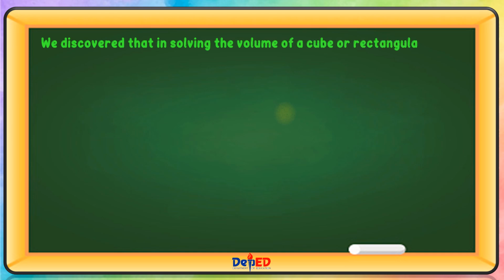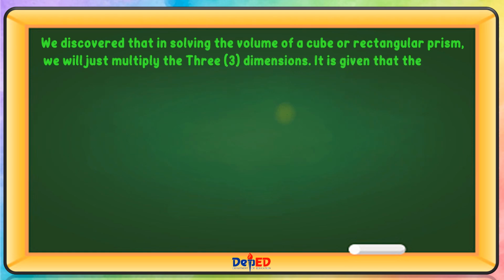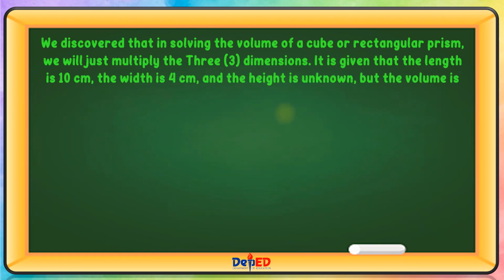We discovered that in solving the volume of a cube or rectangular prism, we will just multiply the three dimensions. It is given that the length is 10 cm, the width is 4 cm, and the height is unknown. But the volume is given, which is 80 cubic centimeters.